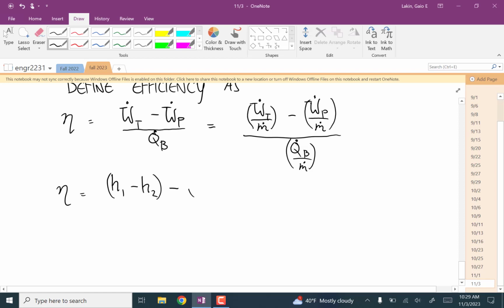And then subtract from that W P dot over M dot, which is H4 minus H3. Divided by Q dot at the boiler divided by M dot, so that's H1 minus H4.